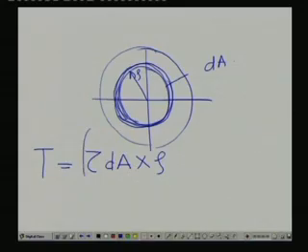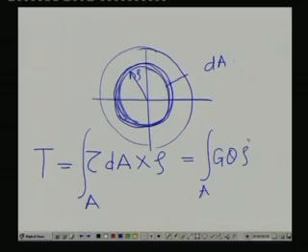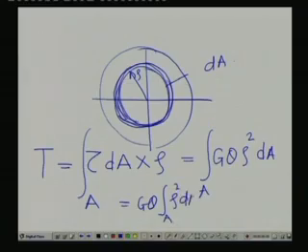So, if we integrate over the area A, we get this expression. Now, what is tau? We find that this is G theta rho square dA. Now, this comes out to be G theta integral over the area A of rho square dA.